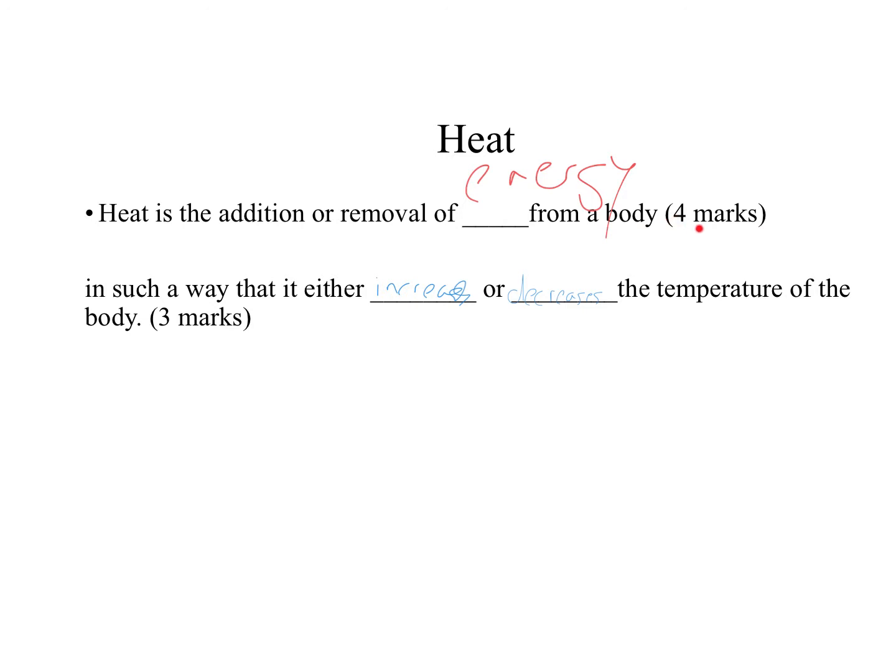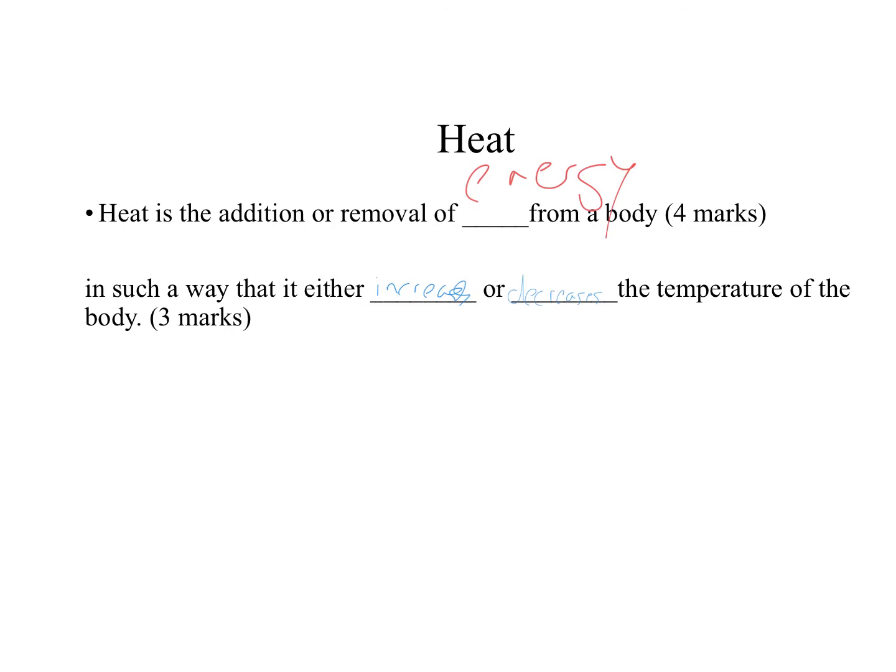So if this was a 7 mark question, it might be 4 marks for the basic concept, then 3 marks for the more detailed explanation. So 4 marks for saying heat is the addition or removal of energy from a body, and then 3 marks for saying in such a way that it either increases or decreases the temperature of that body.